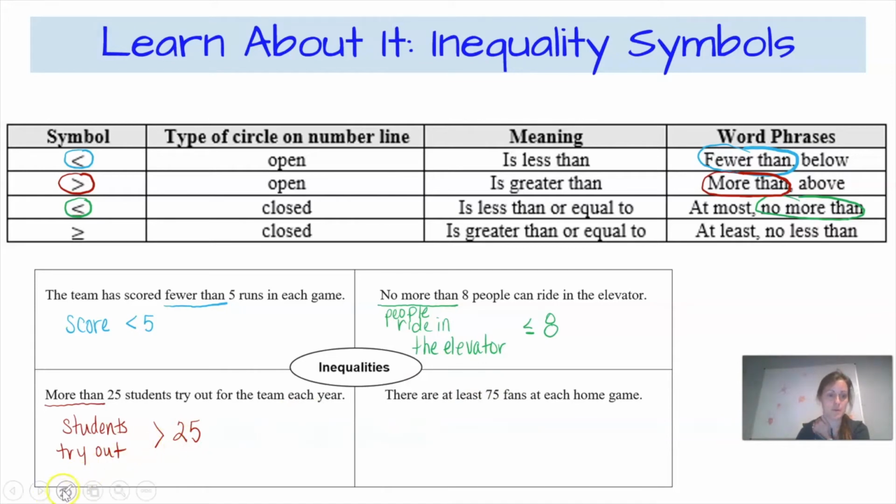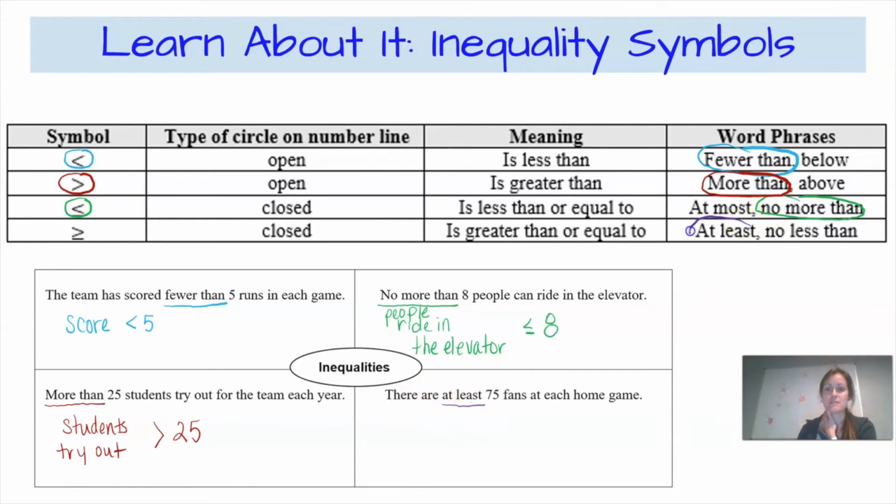And the last problem says there are at least 75 fans at each home game. So I'm going to think about the Baltimore Orioles and them playing baseball this spring. So there could be 100 fans or 200 fans or 1,000 fans. The phrase at least is what helps me to understand that 100 or 200 or 1,000 are numbers that would make this sentence true.